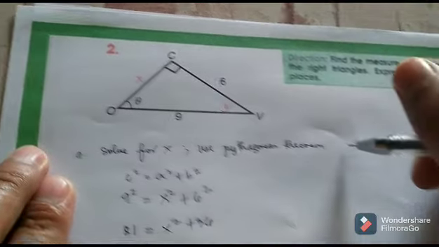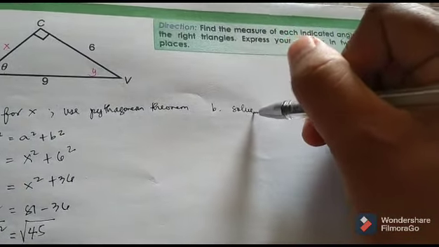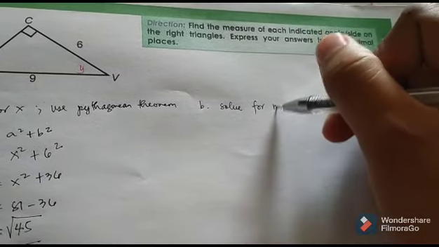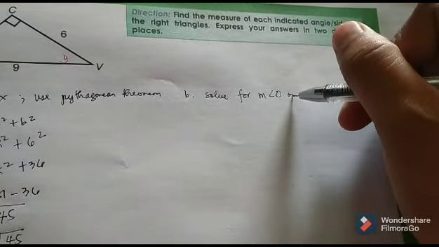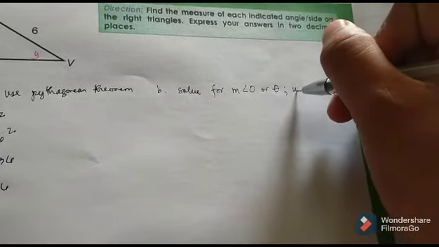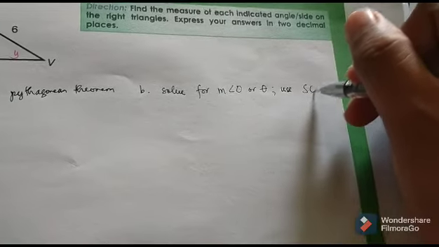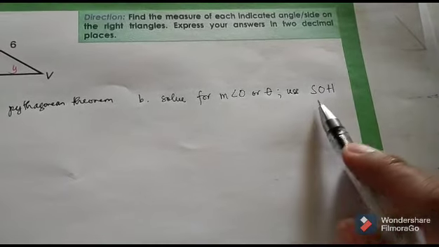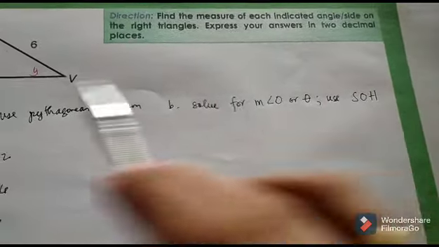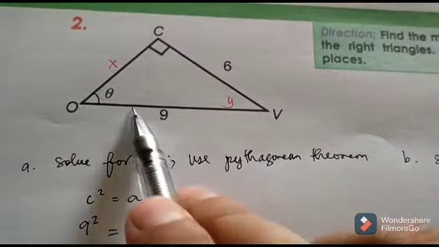To find the measure of angle theta, we will be using sine. From the given, you would have theta, opposite over the hypotenuse.